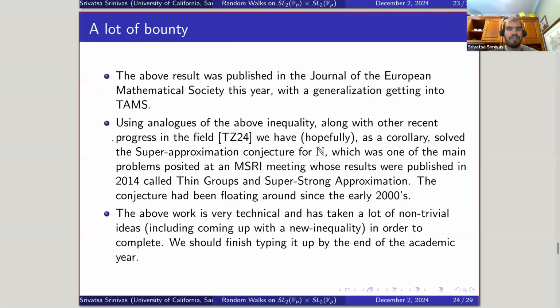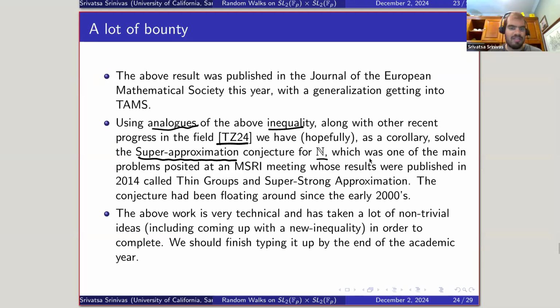All right, so this has given us a lot of bounty. We basically got 2 great papers out of it. And basically, using analogs of the above inequality, along with other recent progress in the field by Tang and Zhang, who basically solved the conjecture of Professor Golsefidy about some product phenomenon over algebraic integers, we can basically try and get the super approximation conjecture for n and maybe every other ring.